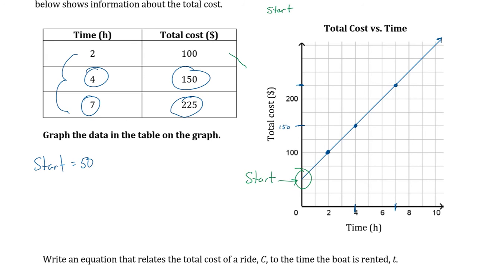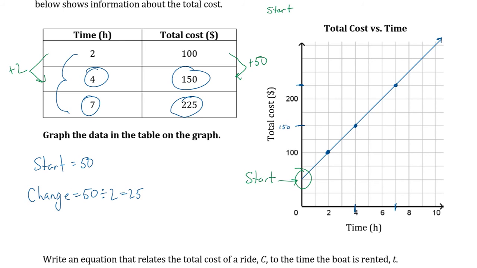So from 100 to 150 is plus 50, and from 2 to 4 is plus 2. So my change is 50 divided by 2, which is 25. Okay, so I've got my change of 25 and I've got my start of 50.